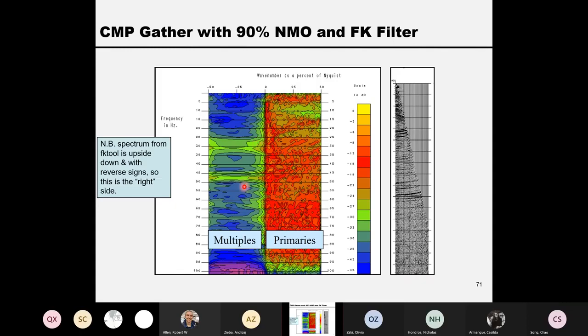After you do the FK filter, you do the inverse FK transform based on this result generally. So this is not completely 0, right? You have something here. Tapering factor, and also other factors in the data processing.